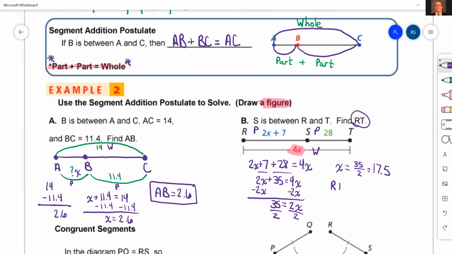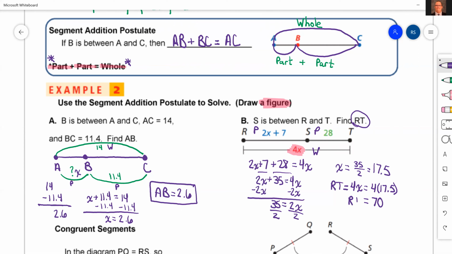What do we know about RT? RT is equal to 4 times x. What do we know about x? X is 17.5. 4 times 17.5 is 70.